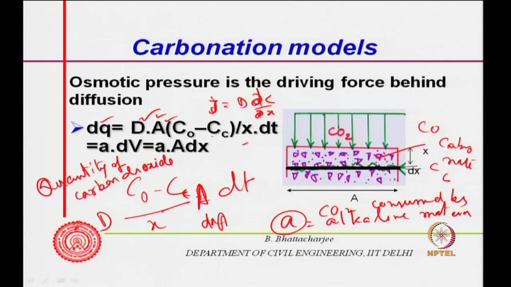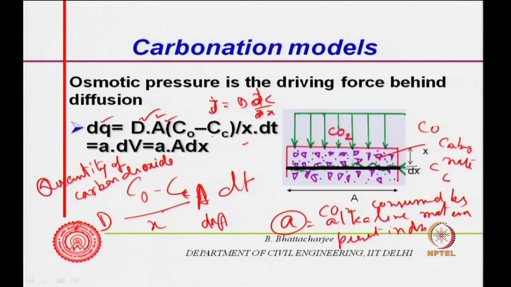So, A is the carbon dioxide consumed by the alkaline material present in dx. So, A dV, A is the carbon dioxide consumed per unit volume in the dx element.